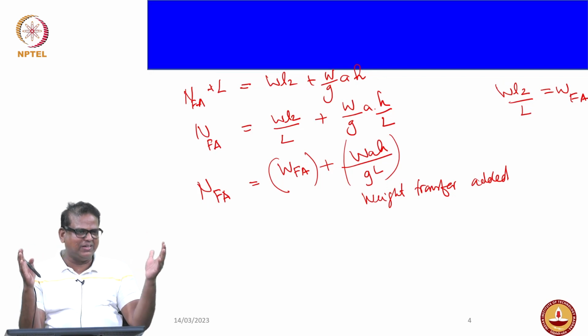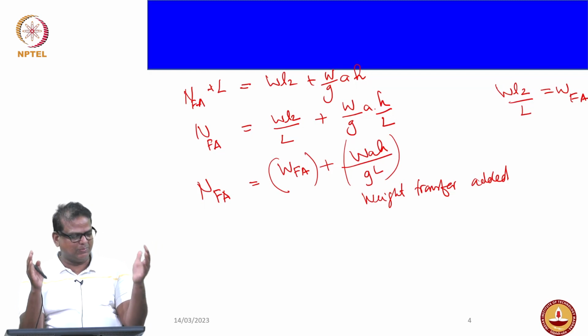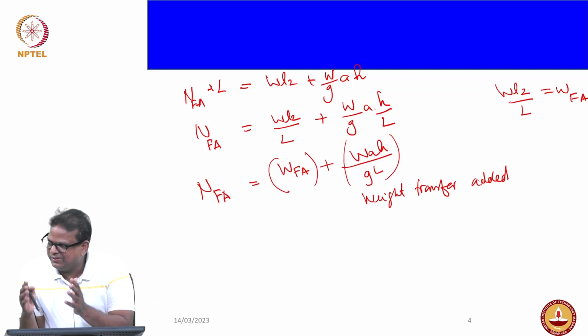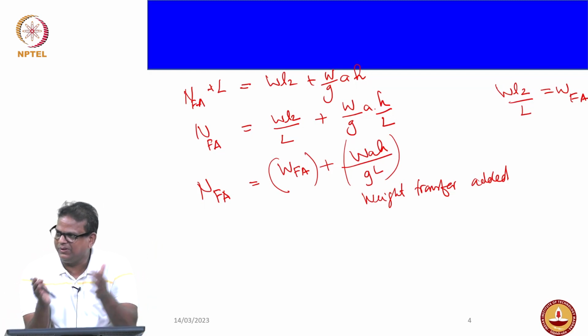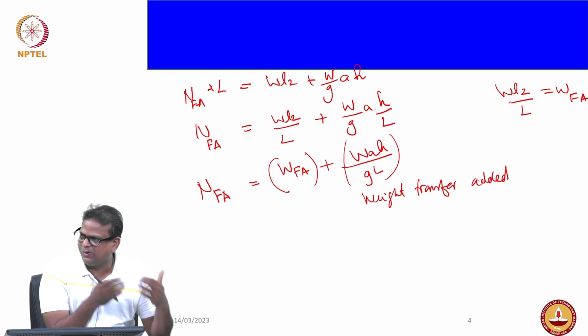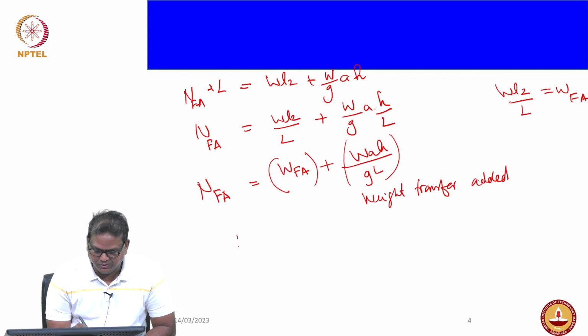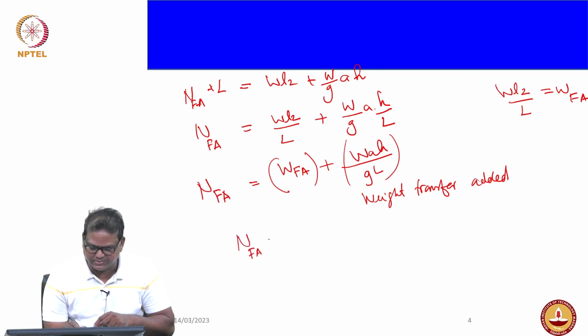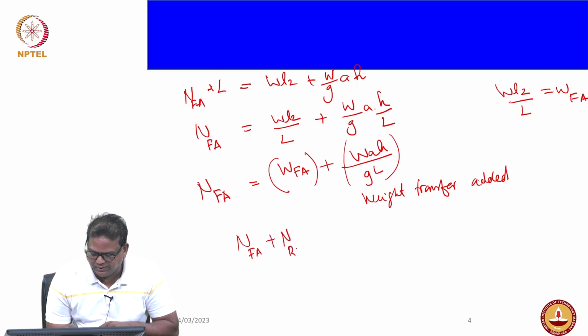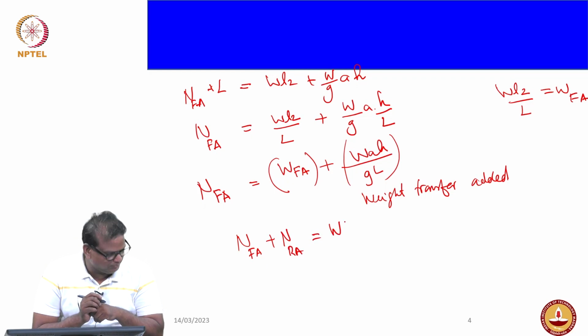The vehicle weight is anyway W, that cannot be changed. So somewhere else it is taken and added to the front axle. And what happened to the somewhere else? When you see the vertical forces balancing, NFA plus NRA must be equivalent to W.